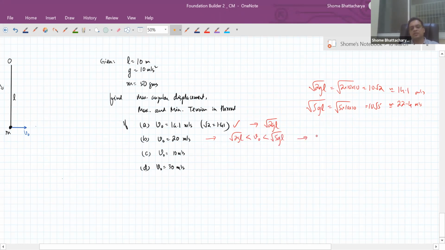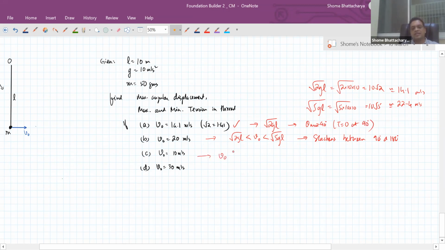So this is the case where the string slackens somewhere between 90 and 180 degrees. Where it will slacken we'll find out. This is where theta max will be 90 degrees and tension will be 0 at 90 degrees.